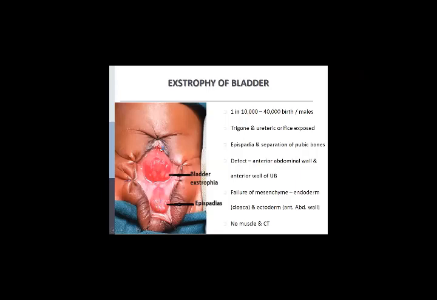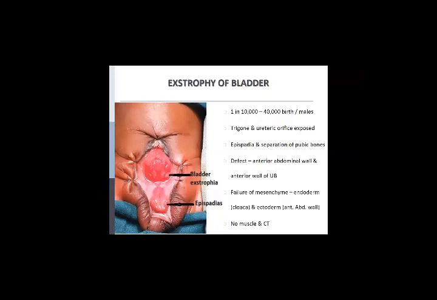So what you see is that the anterior wall of the urinary bladder is missing, because the trigone, you all know, is the triangular area on the lower part of the posterior wall of the urinary bladder. So what you see is the posterior wall of the urinary bladder, which has this trigone. The two orifices of the ureters, this is the trigone. The anterior wall of the urinary bladder is missing.